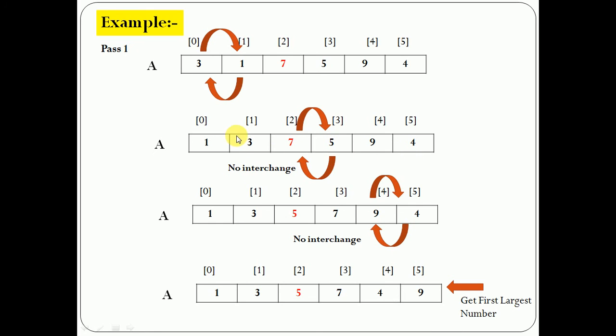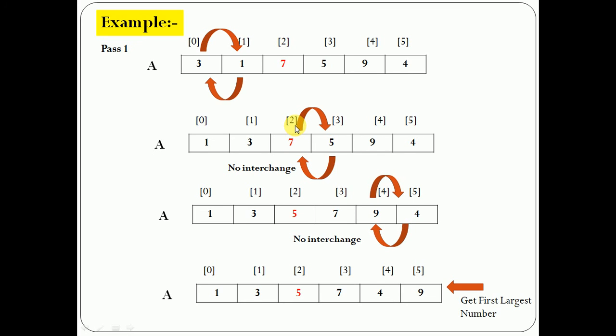Then in the second comparison, we compare A of 1 and A of 2. The value of A of 1 is less than A of 2, so there is no interchange. So we pass to the next.